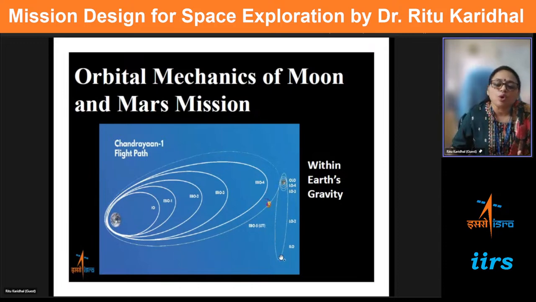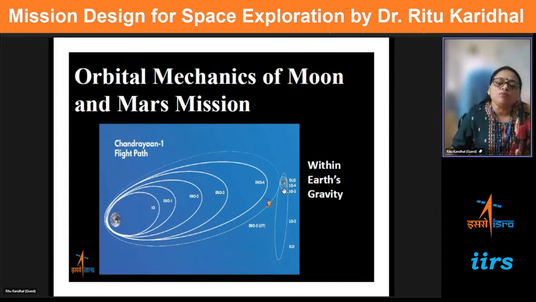Once it starts revolving around the moon, there is also a highly elliptical orbit, where the biggest distance from the moon surface will be around 18,000 kilometers, and the shortest distance can be of the order of 170 or 200 kilometers. Then we have to do what? We have to do circularization of this orbit, because different cameras, payloads or other probes need to observe the moon surface.